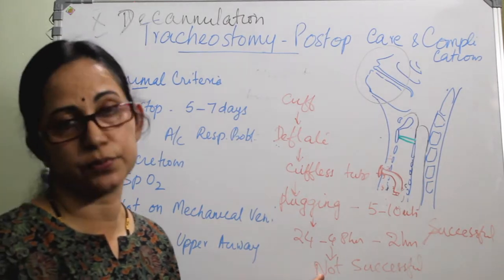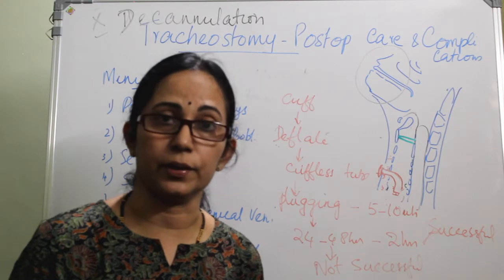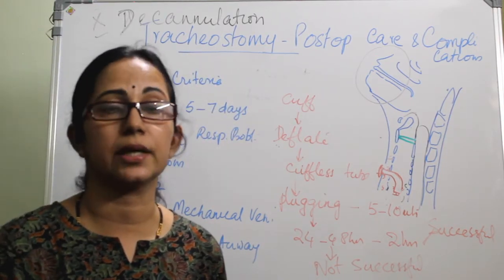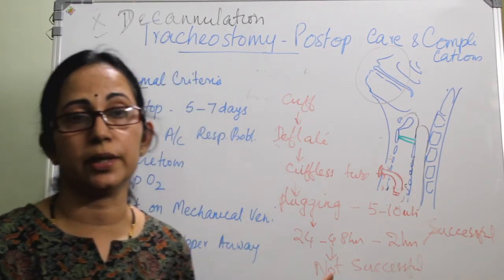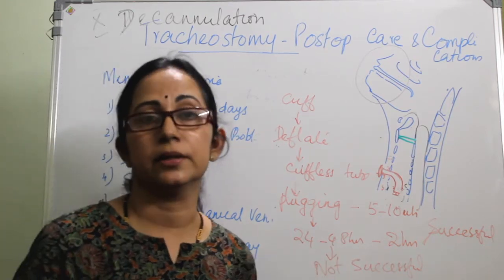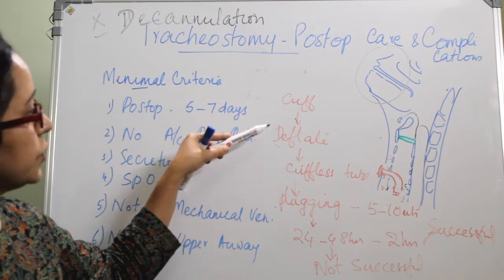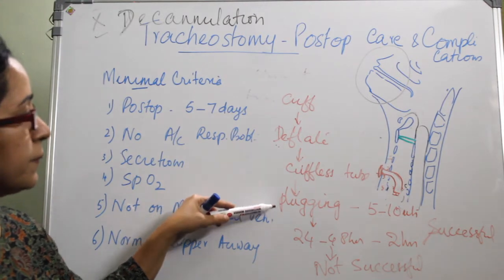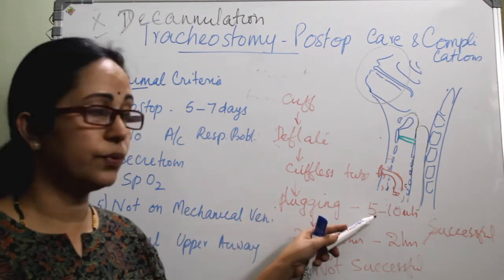If it is not successful, then you have to go for an extended pathway. That is, inform the complete team of ENT, anesthesia, everything, and go for investigations and find out the cause for this, and along with that, keep the tracheostomy tube also. So, if it is a cuffed tube, change on to a cuffless tube, deflate and go to a cuffless or a smaller tracheostomy, and plug the outer cannula, watch for 5 to 10 minutes.